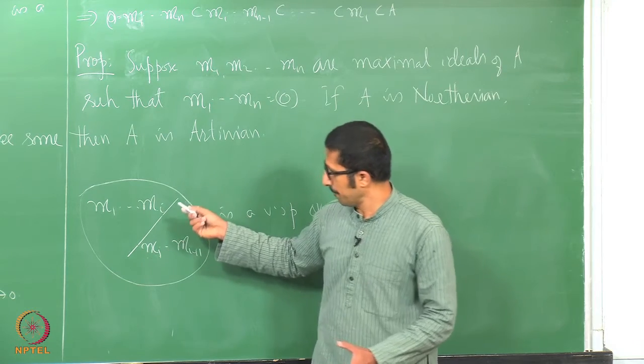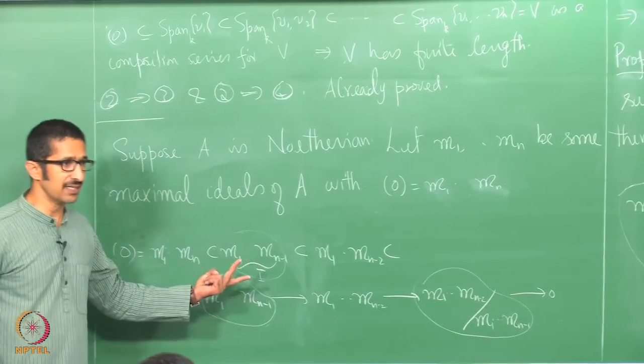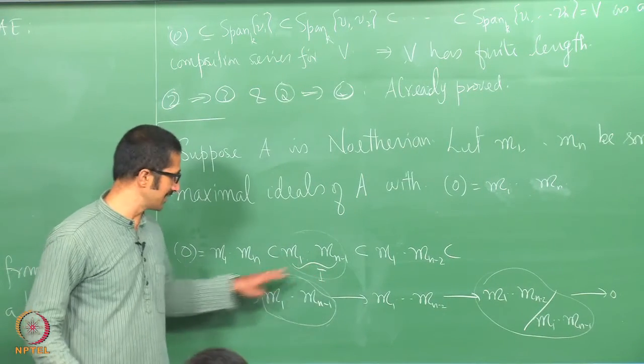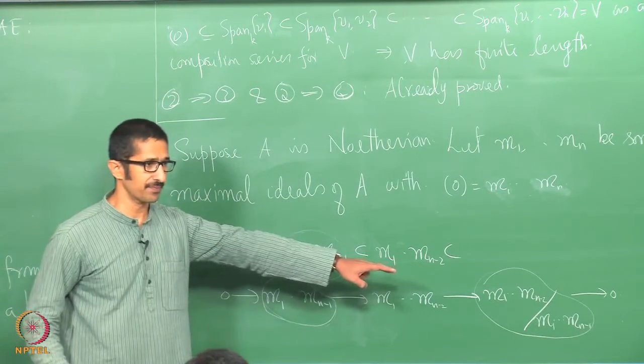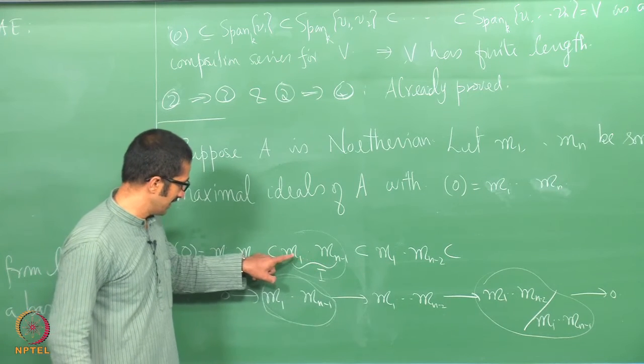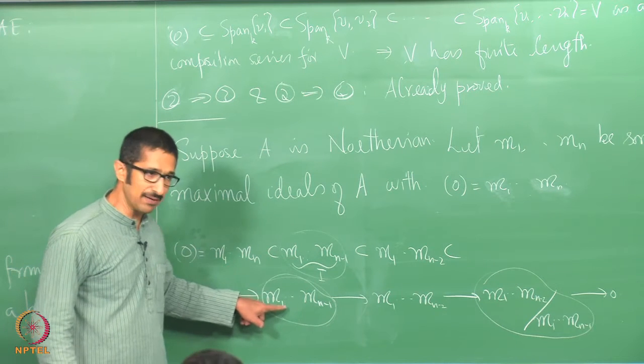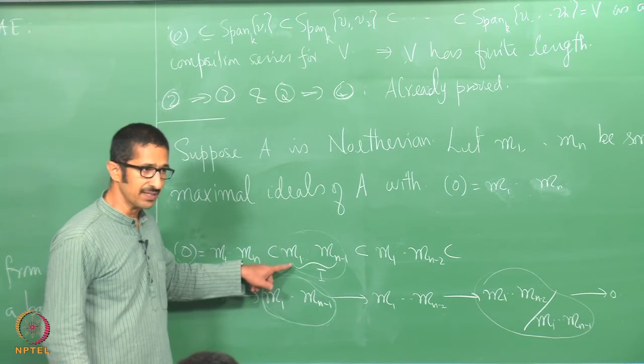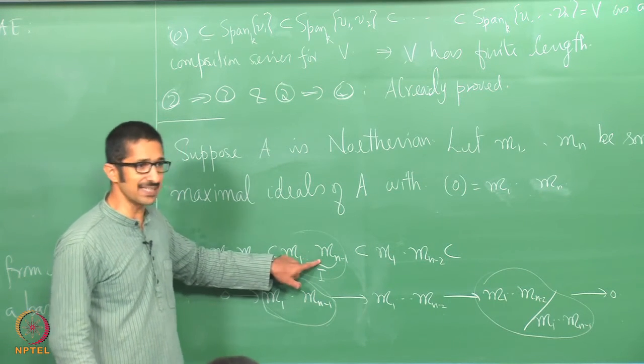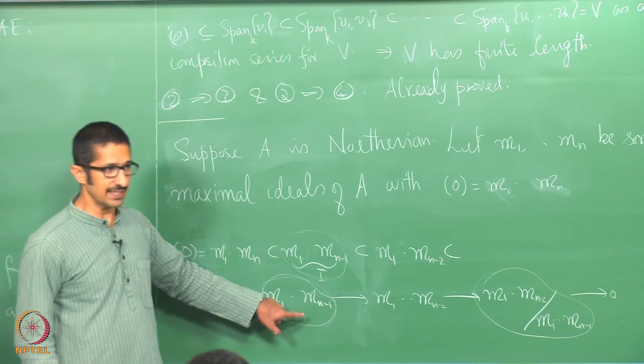So, therefore, we can swap the roles of ACC and DCC in this argument. This mod this is a vector space, therefore, it satisfies ACC if and only if it satisfies DCC.